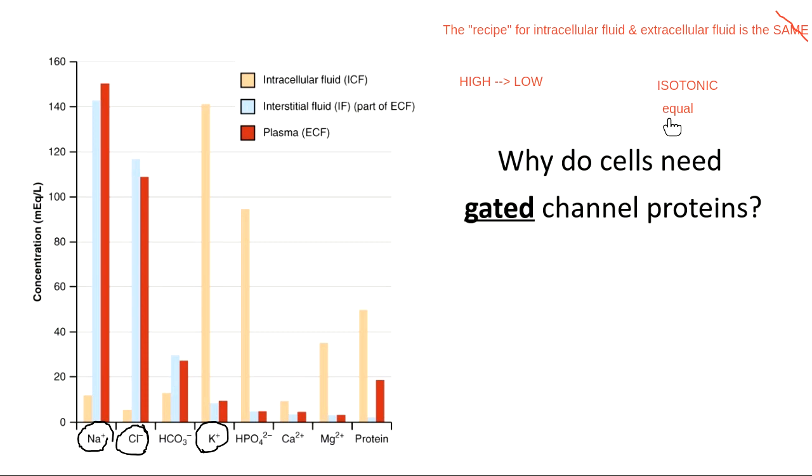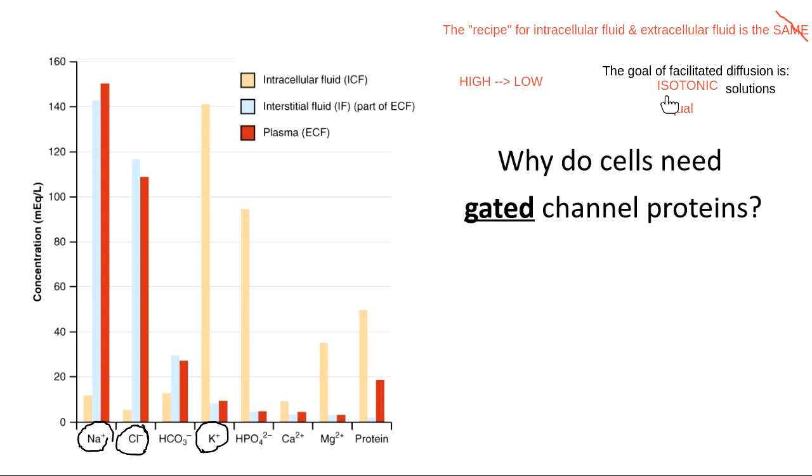Facilitated diffusion, just like regular diffusion, has the goal of making things isotonic. There's that phrase back from earlier in the semester.